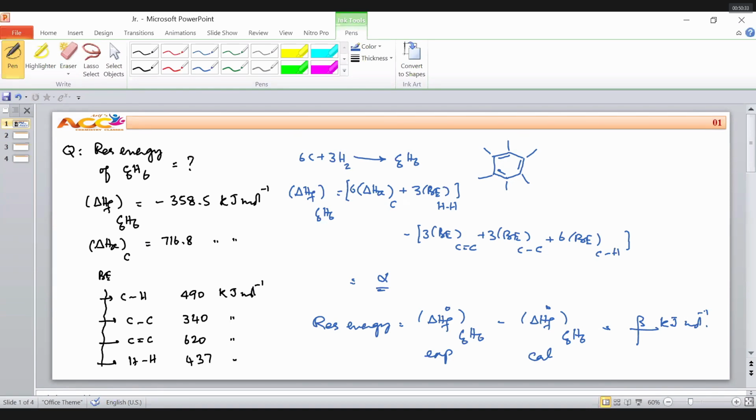Answer is 150 kilojoules per mole. You should get a negative answer, minus 150, it's correct. Then you report it: this implies the resonance energy of benzene is 150 kilojoules. That is the way of answering the question.